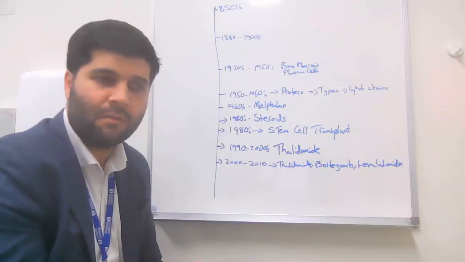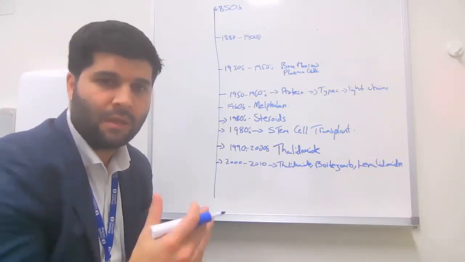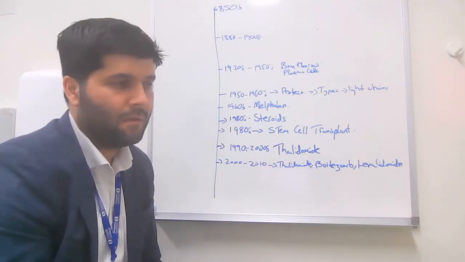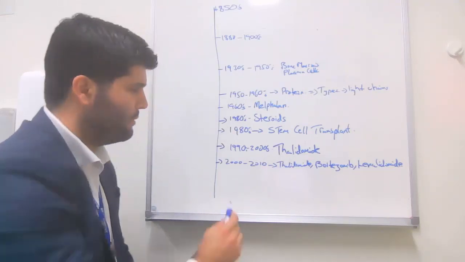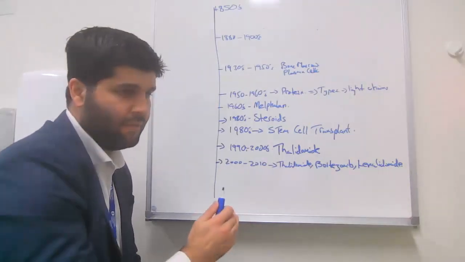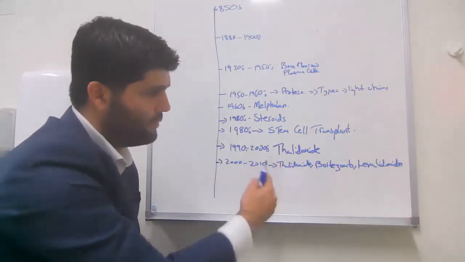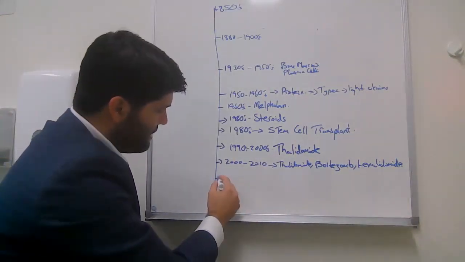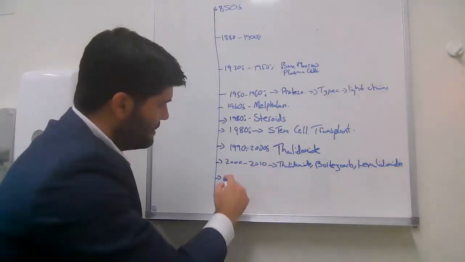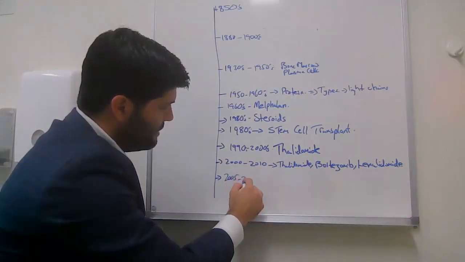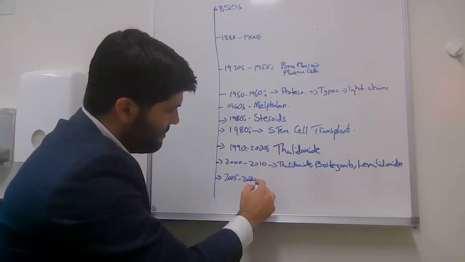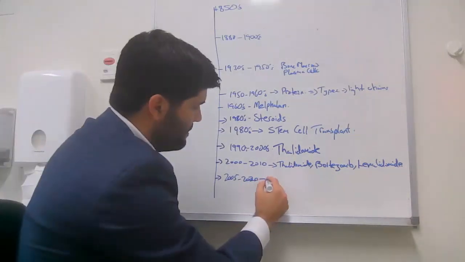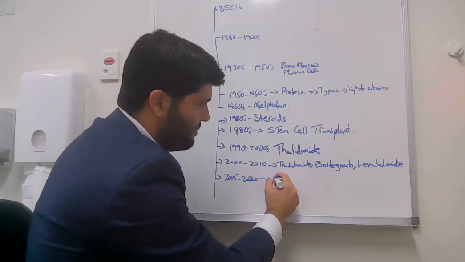But of course, in the background, there was a lot of research looking at a whole host of other agents for the treatment of multiple myeloma. And really, that sort of foretold what was going to come in the next 10 years. Because since the late 2000s till now, over the last 10 to 15 years, we've had a number of other agents that are now used to treat multiple myeloma.